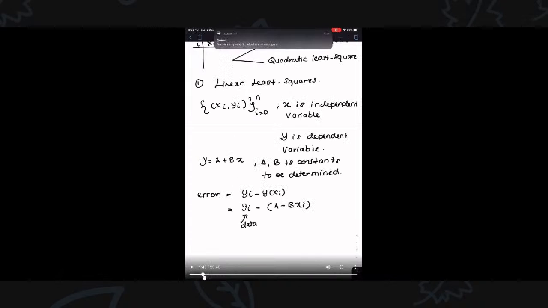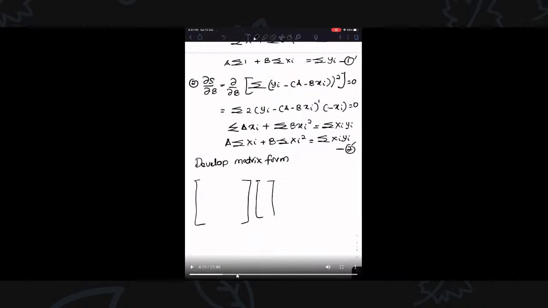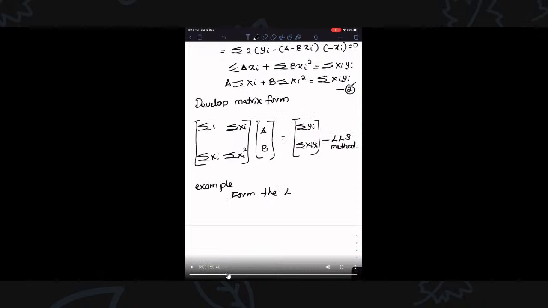In the linear least square method, you use a matrix to represent the linear form to create a linear function for the given data. We minimize the square error between the data and y equal to a plus b x_i, a linear function, to develop the matrix, with the summation from i equal to 1 up to n.